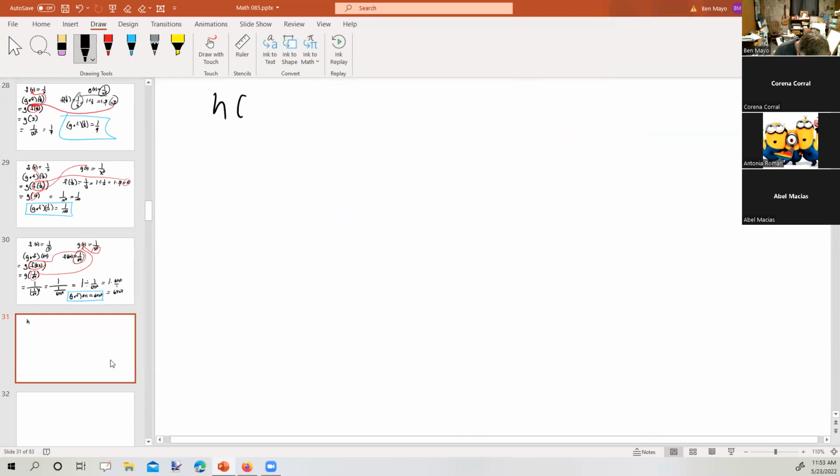Let h of t equal the square root of t plus 3 and k of t equal t minus 5.